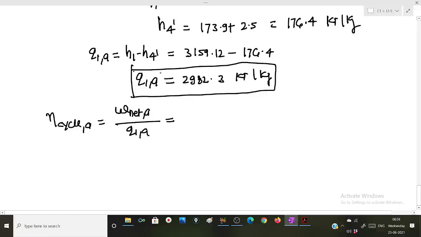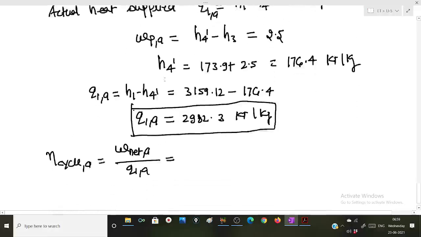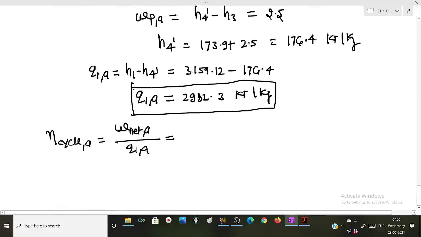Actual net work output is 176.39 to the 2982.3.